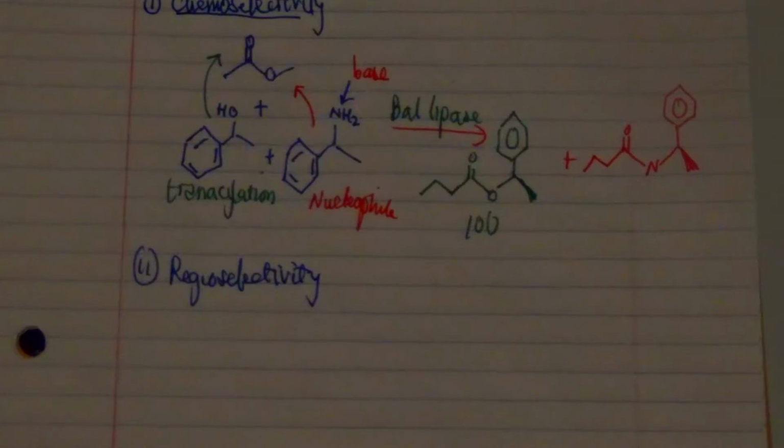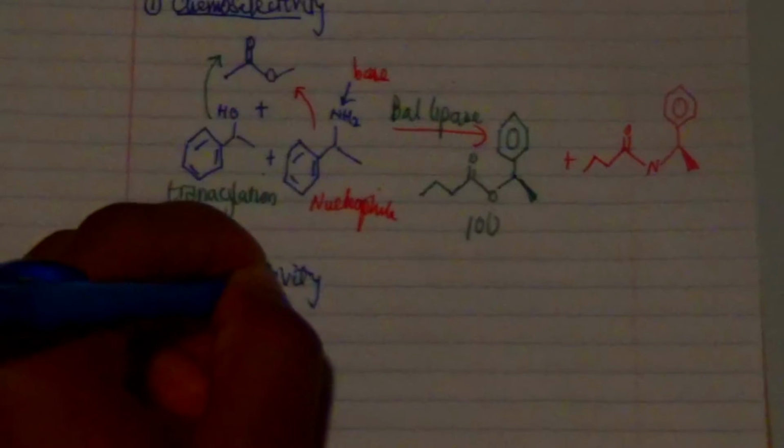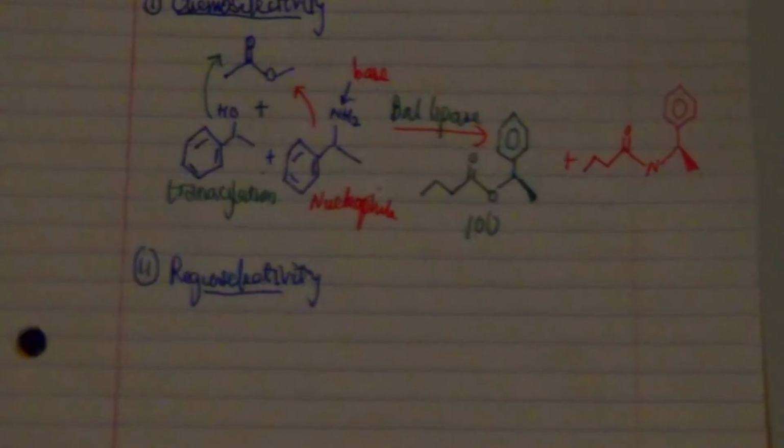regioselectivity. And regioselectivity is another type of selectivity that enzymes usually perform while they're trying to transform their substrate into the final product. And in here we'll be looking at enzymes that can discriminate between equivalent functional groups located on different regions of the substrate molecule.